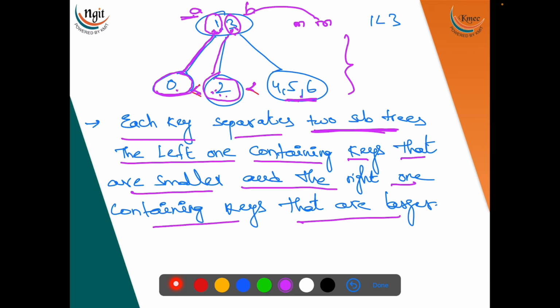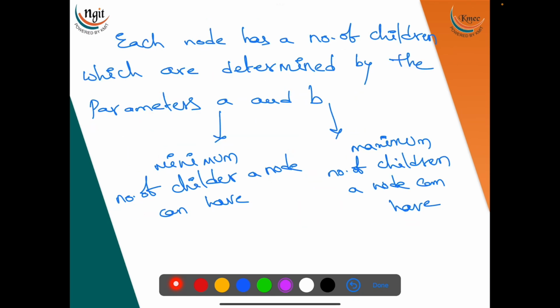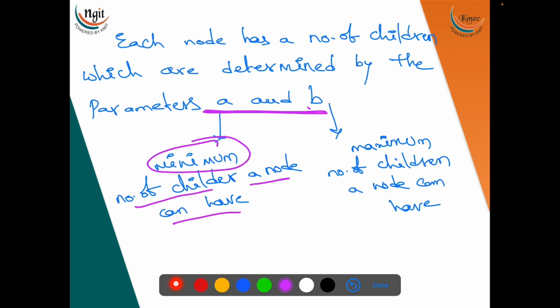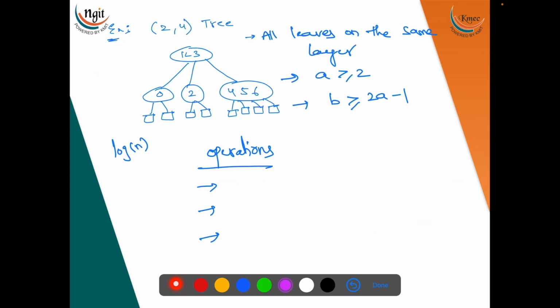It will always be under the same constraint, and the arrangement of the (a, b) tree is left to right, in sorted order. Each node has a number of children determined by the parameters A and B. A is the minimum number of children a node can have in the tree, and B represents the maximum number of children a node can have in the tree.